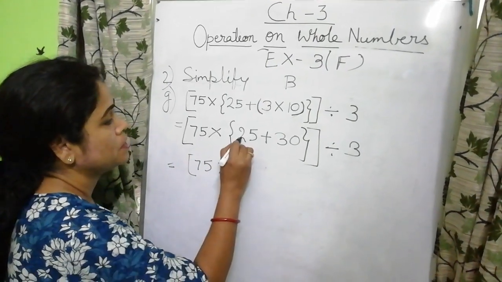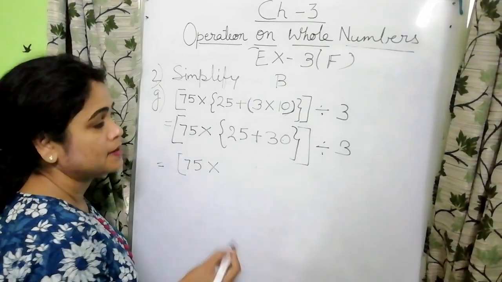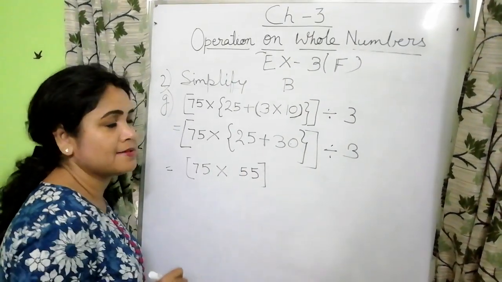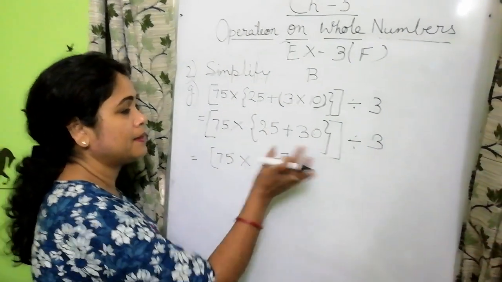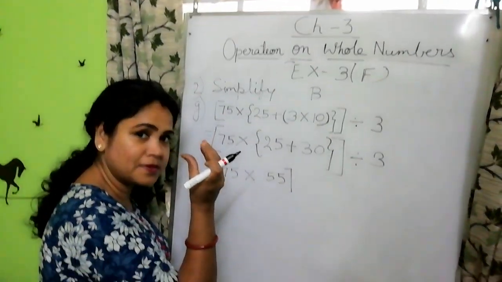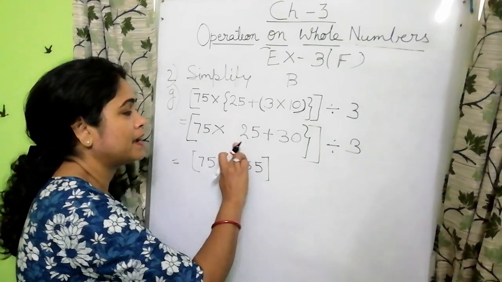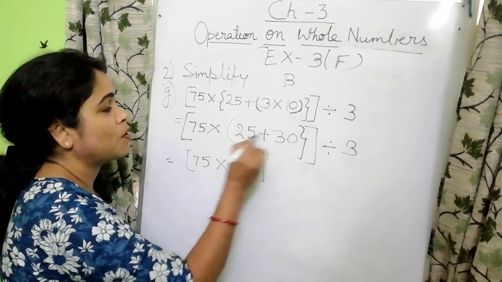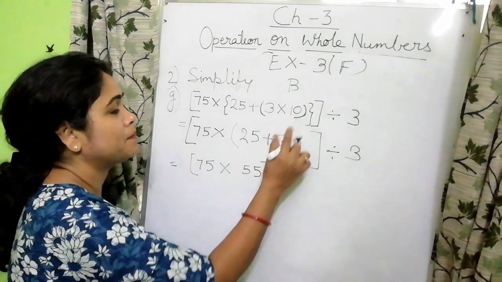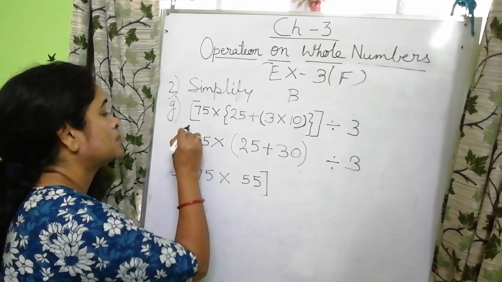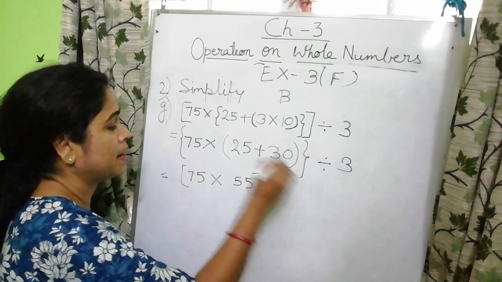25 plus 30 is 55. But one more thing is there. When we are solving a bracket, the brackets also become smaller. Suppose I have removed this small bracket, then the middle bracket becomes the small bracket, and the big bracket will be converted into the middle bracket.